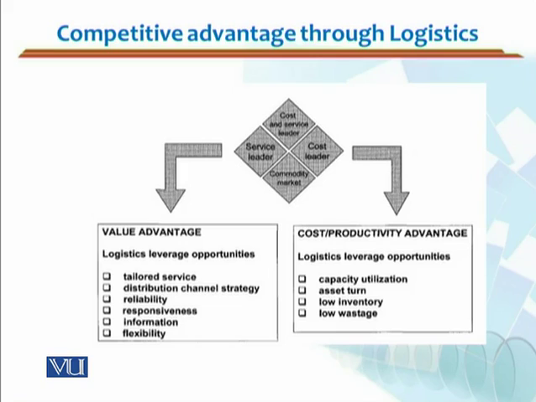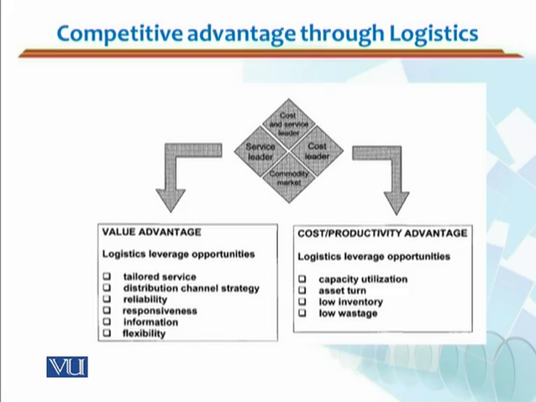You have some credibility with you. You can repeatedly provide the same type of service to your customers. You are responsive as well. You take less lead time than your competitors. You utilize the information which is provided by the customers in a better way. You act as per the information and the requirement of the customer. You have the flexibility. You can go for partial shipments. You can break the bulk for your customers, such type of things.